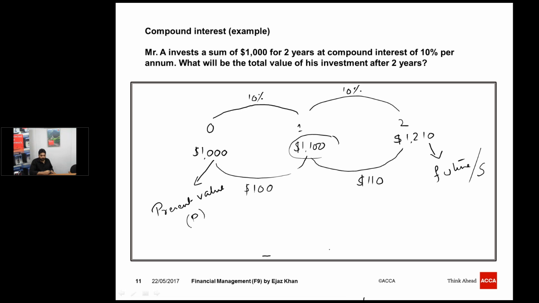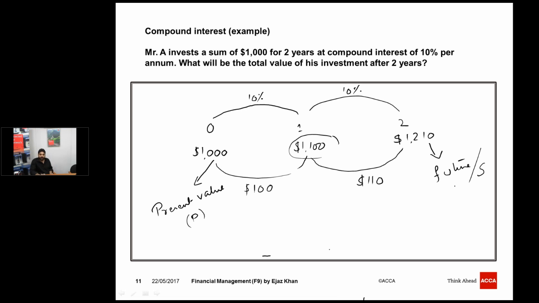One thing that should be kept in mind is that when we say the future value, it includes the amount of interest. But when we say present value, it excludes the amount of interest. It's the initial amount that is invested or expected to be invested. The future value means the amount invested plus the amount of interest earned during the project life.